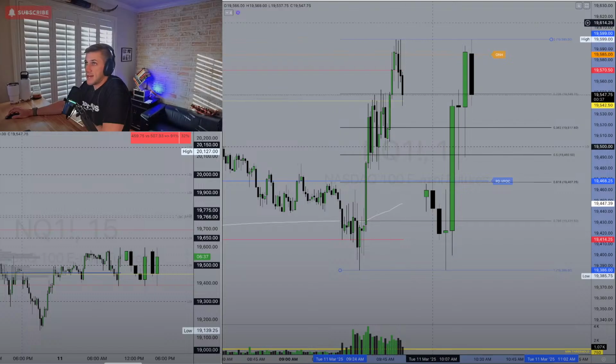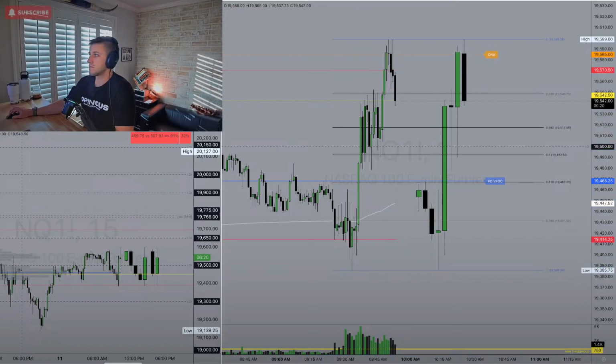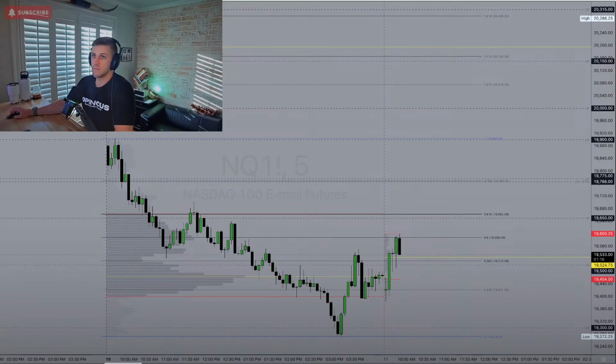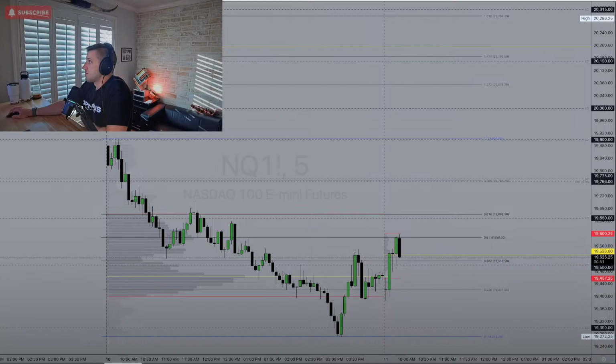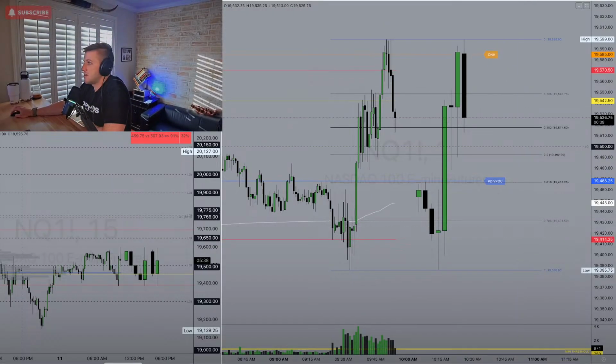So far, there's just an upthrust of the overnight high as we start to get into 10 a.m. Getting back into 500 here.